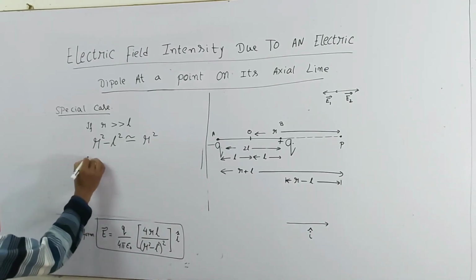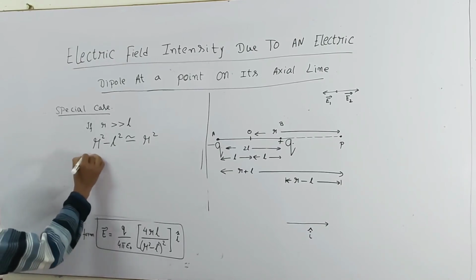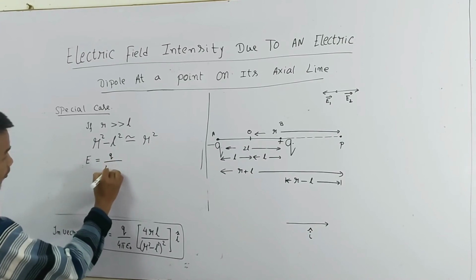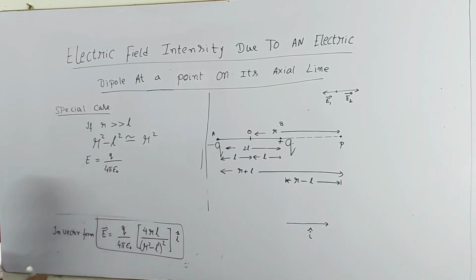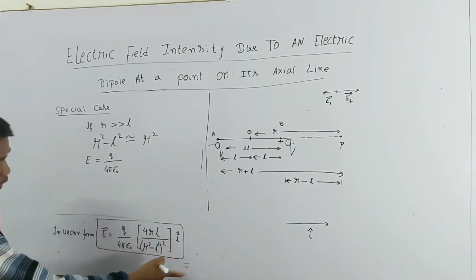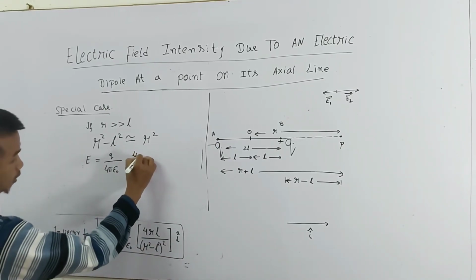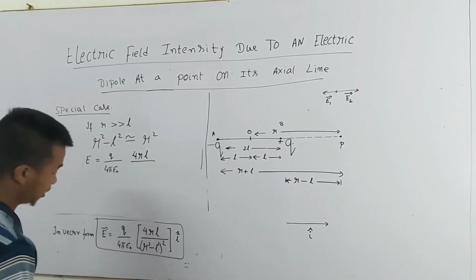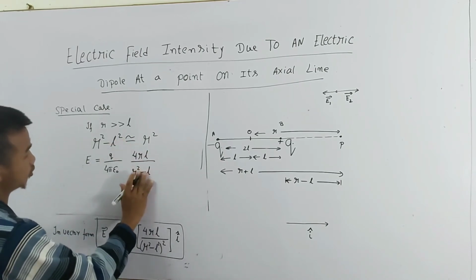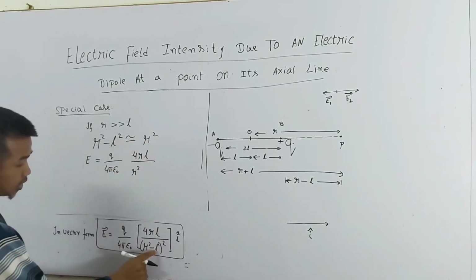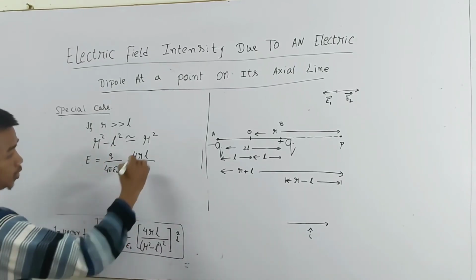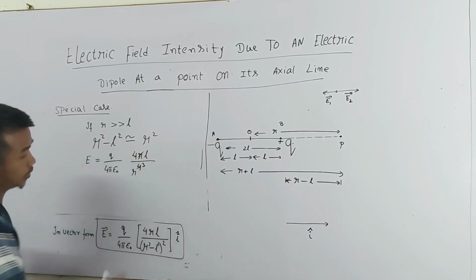So what is E? The magnitude of E is Q by 4 pi epsilon naught. If you take the magnitude, mod of the unit vector becomes 1. So 4RL divided by (R square minus L square) becomes R square, and R square with this square becomes R to the power 4. So this and this will get cancelled, we get R cube.